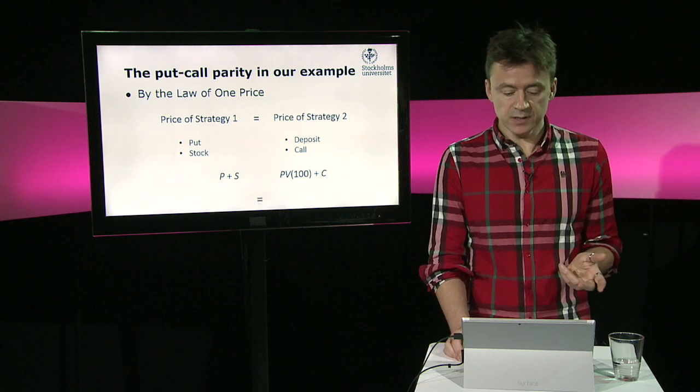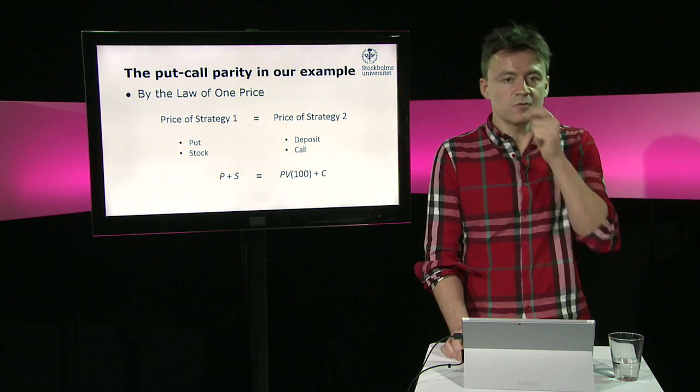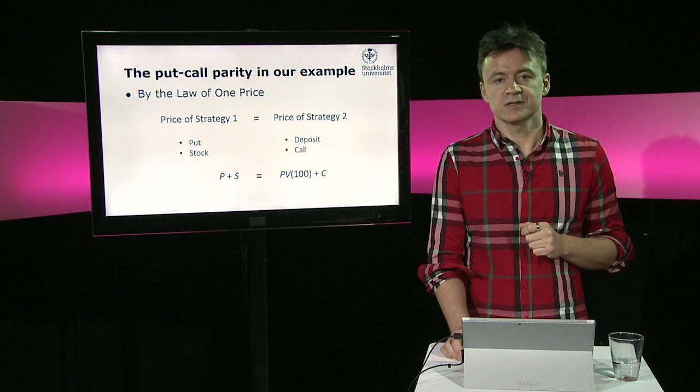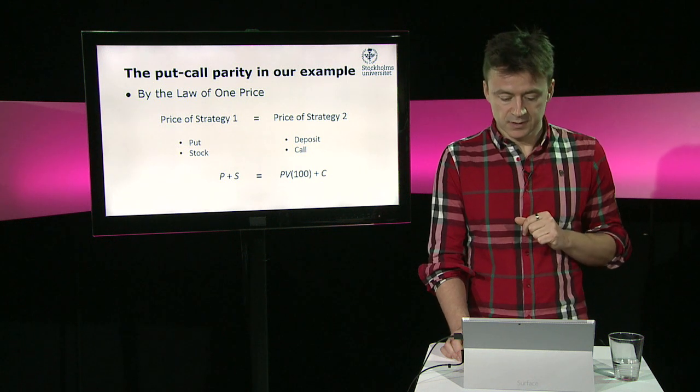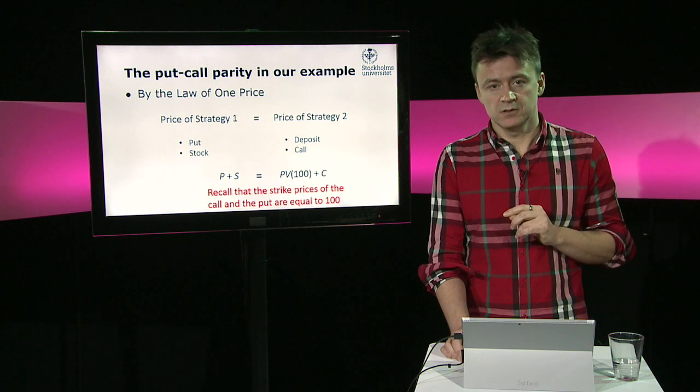Now, they need to be equal. And this is just what the put-call parity says in our example. And recall that the strike of both the put and the call are equal.